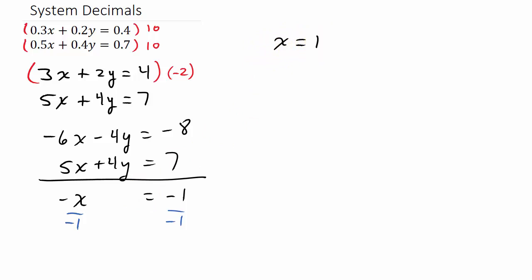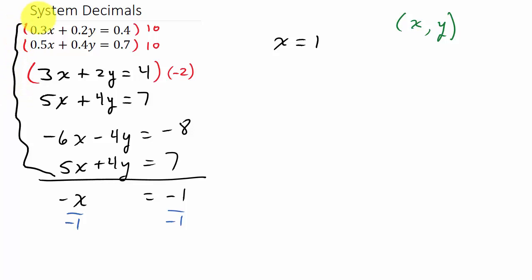Now remember, we've got to write our solution in the form (x, y). I already have my value for x, so now I need to figure out what y is. To solve for y, I can take my x value and plug it into any one of these four equations.